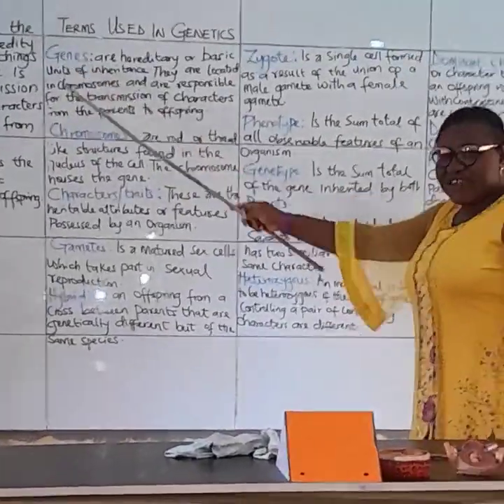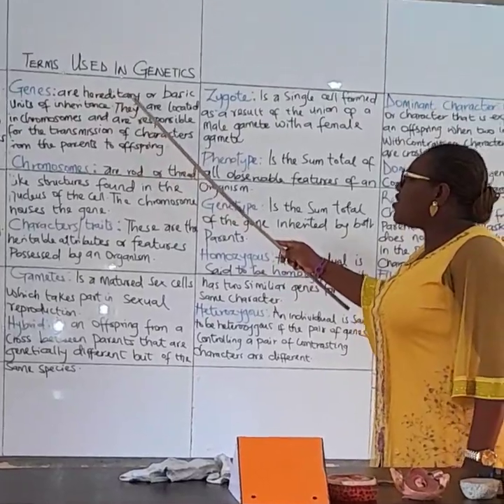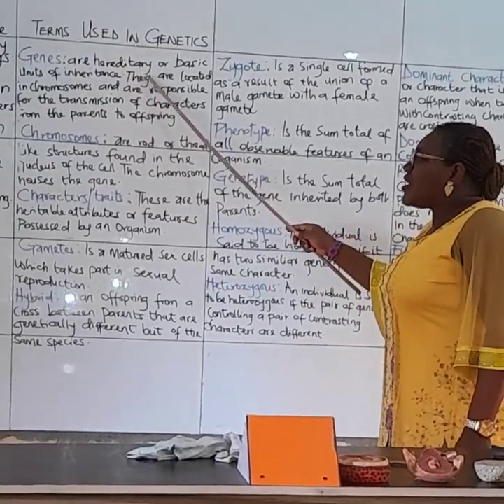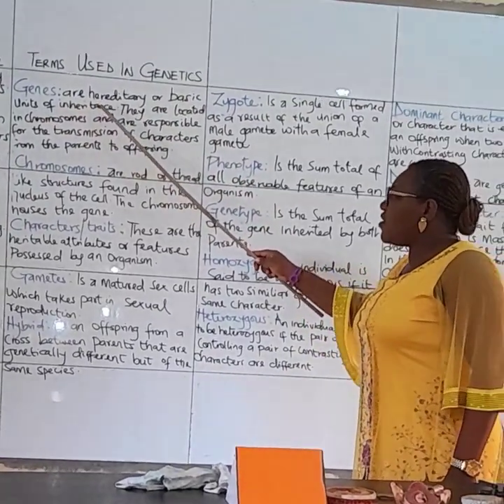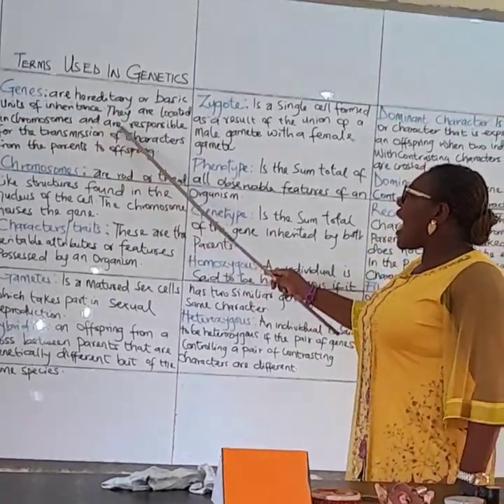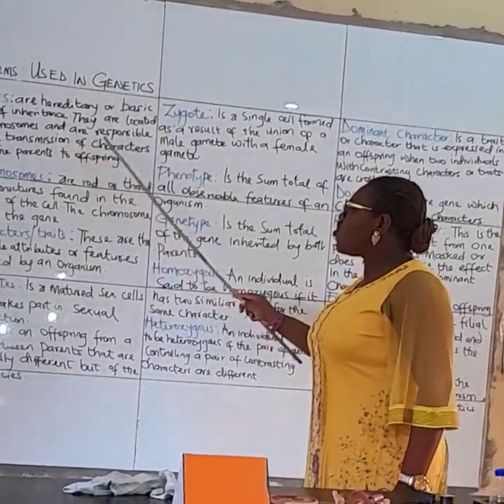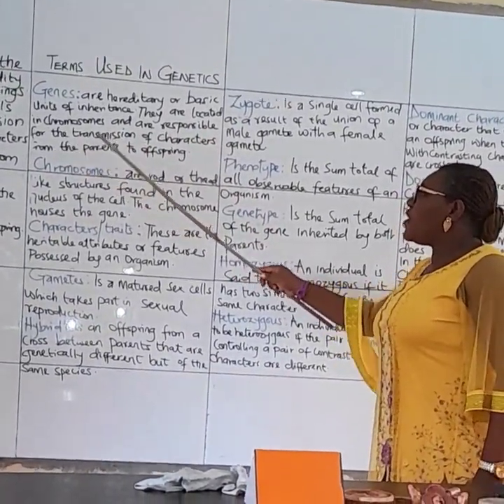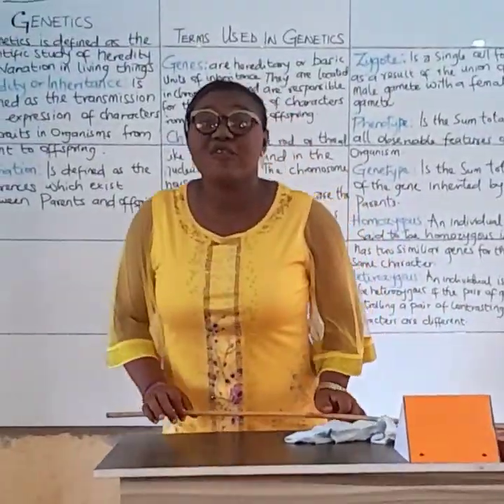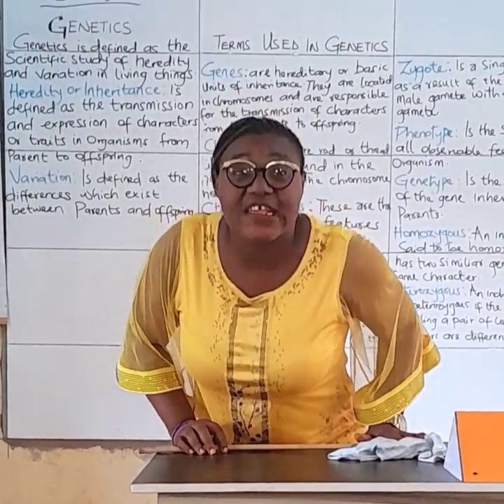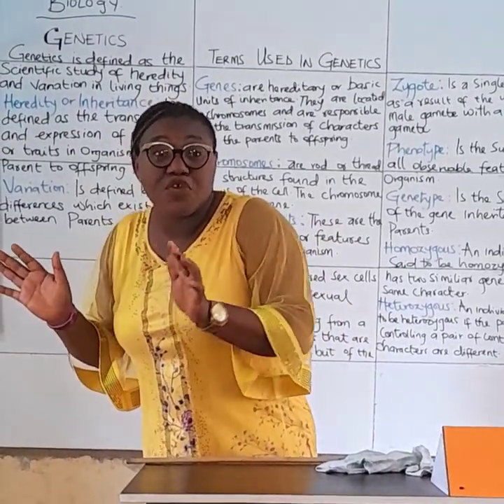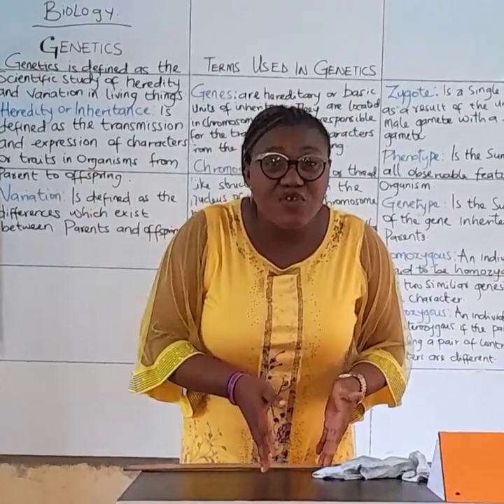Number one, genes. Genes are hereditary or basic units of inheritance. They are located in chromosomes and are responsible for transmission of that fairness, that darkness of a person, the tall, the short, from parents to offspring.